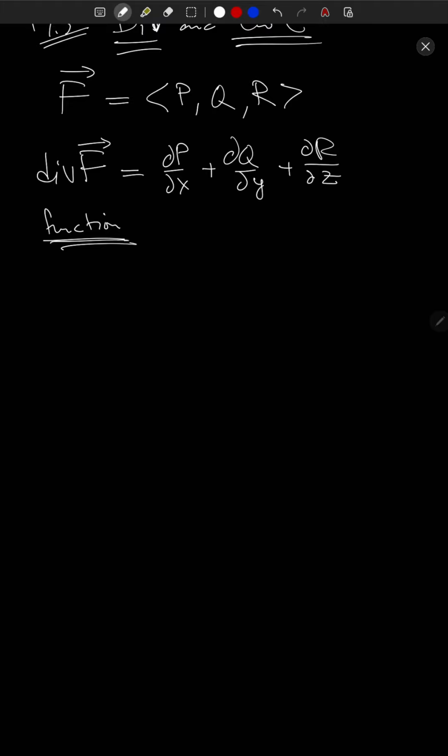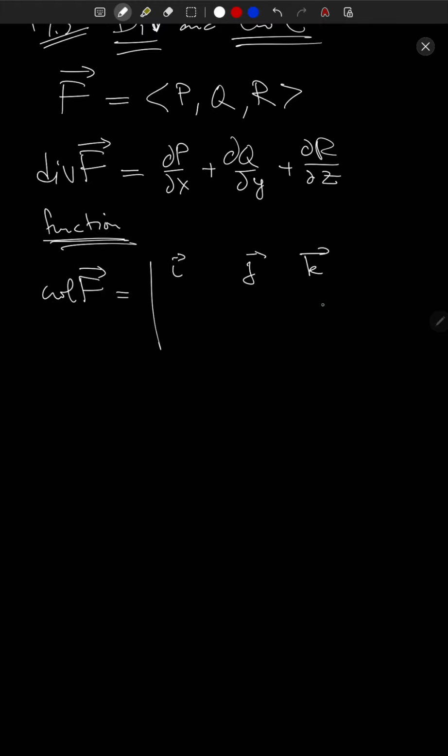Let's write down a curl, and then we'll talk about a couple bits of notation for each of these. So the curl of F is going to be a little more complicated. The way most people learn to compute this is you go i, j, k. We're going to do essentially what we did last time to introduce the curl.